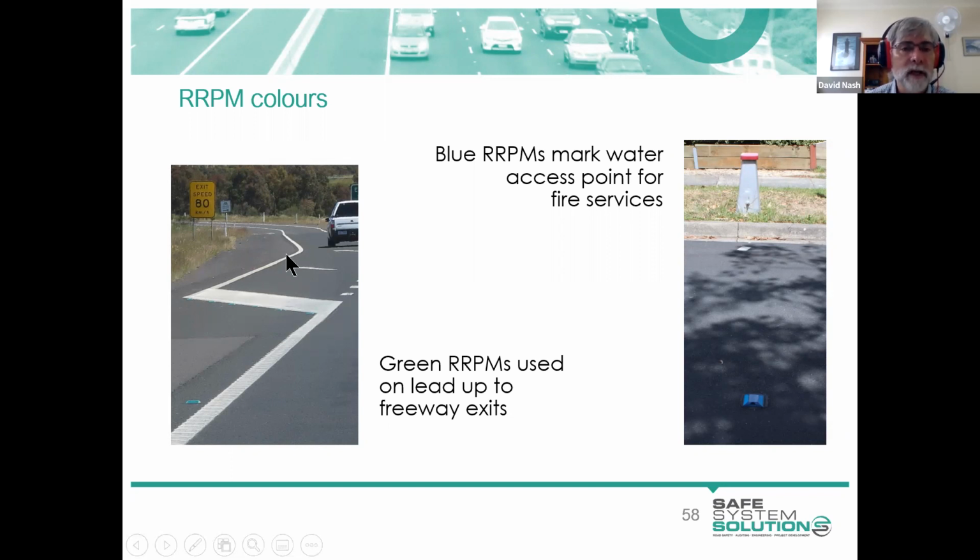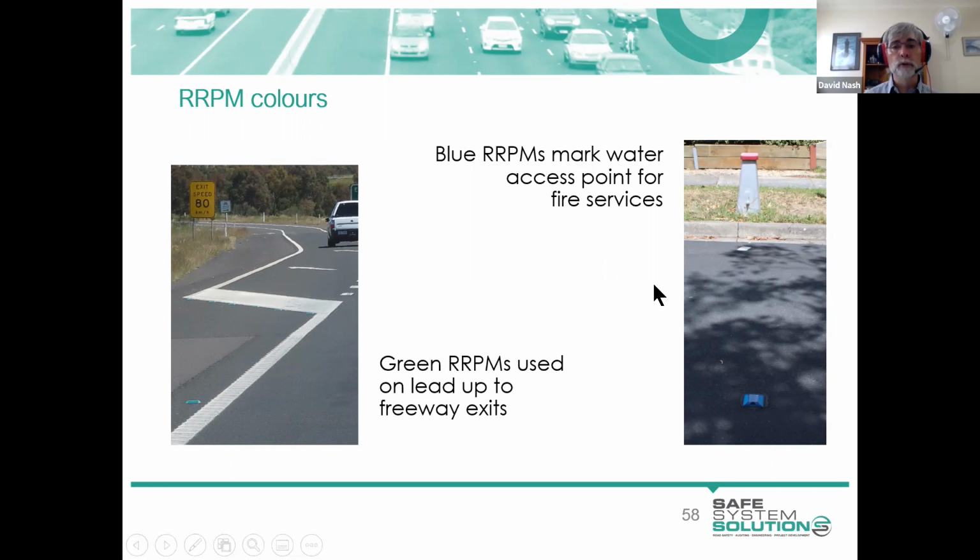So instead of just being a gradual diverge, in order to try to prevent people who might be a bit sleepy accidentally taking the exit when they should be going straight through, we use this step out marking and we use the green RRPMs leading up to it. Also, just another sort of subtle difference to try to prevent that happening.